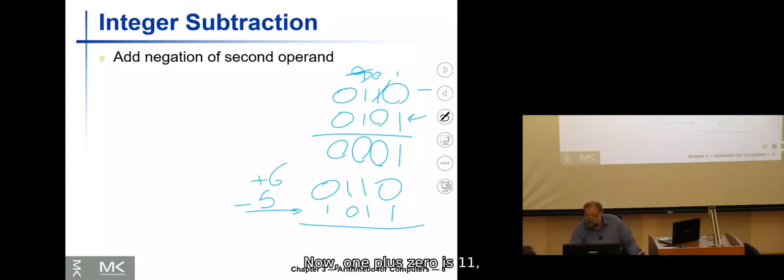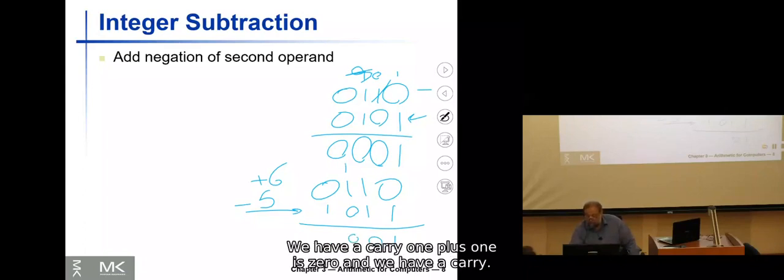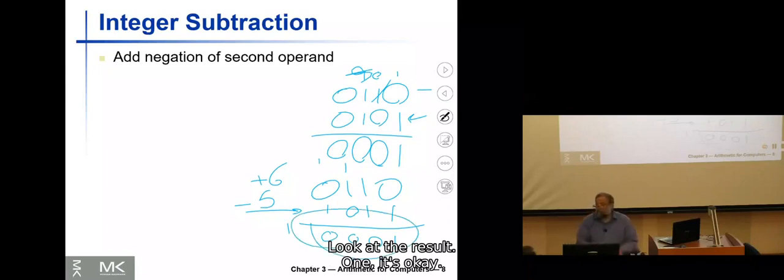1 plus 0 is 1. 1 plus 1 is 0, and then we have a carry. 1 plus 1 plus 0 is 0, and we have a carry. 1 plus 1 is 0, and we have a carry. So look at the result. It is 1. It's okay. 6 minus 5 is 1, and everything is good.